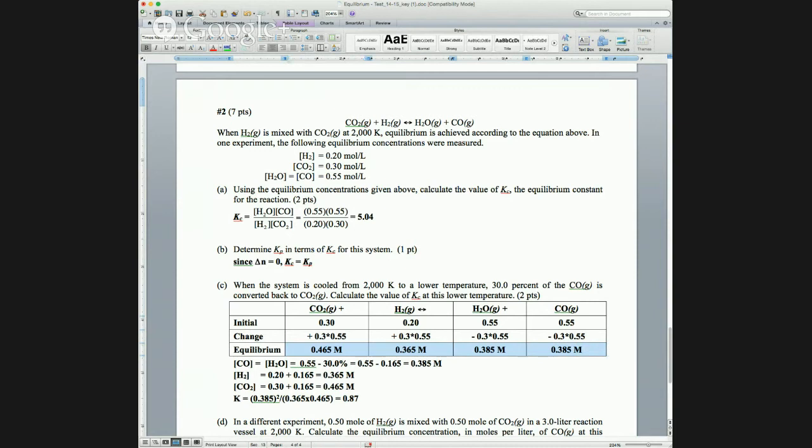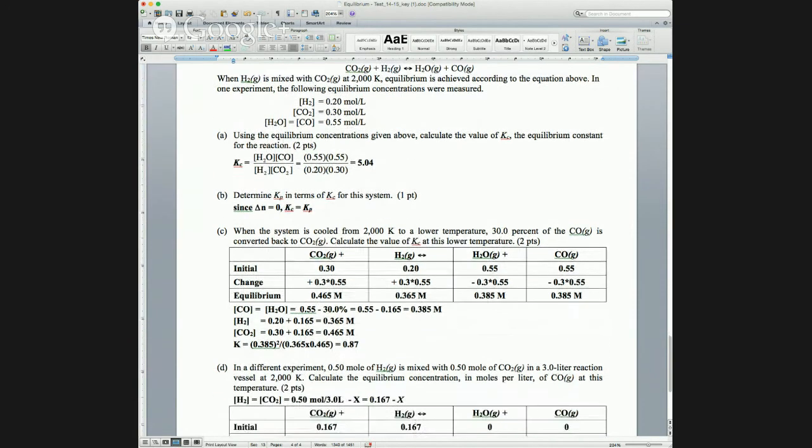Once you have those equilibrium values, then you just plug it into your K. Remember, products over reactants. And it turns out that the products are the same, so 0.385 squared divided by 0.365 and divided by 0.465, and your new K becomes 0.87. So I think that probably makes sense.